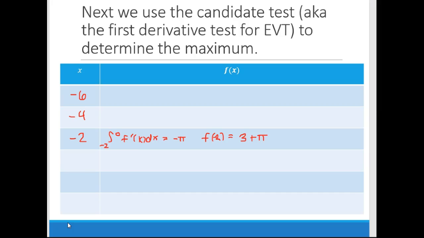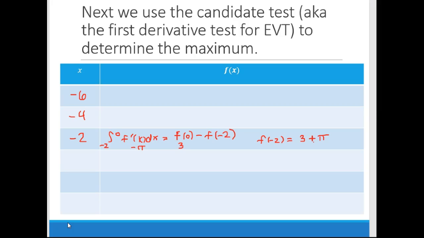And if you want to see that worked out, again, what we're saying is the integral from -2 to 0 is equal to f of 0 minus f of negative 2, where f of 0 is given to you as 3. This area is given to you as negative pi. So f of negative 2 would become 3 plus pi, because you'd subtract the 3 over and divide by your negative 1.